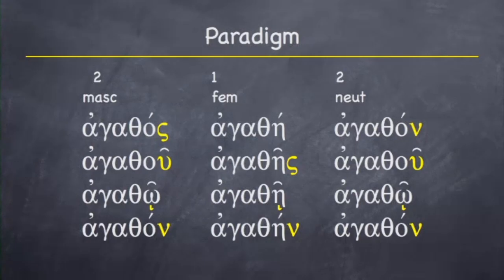But if we take a look at these, the nominative singular is agathos, agathē, agathon. And the genitive singular is agathou, agathēs, agathou. Dative is agathō, agathē, agathō. And the accusative singular is agathon, agathēn, agathon.